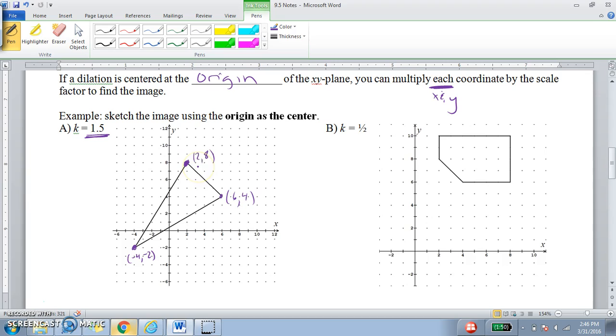If I multiply all of those numbers by 1.5, I'll get my image points. So 2 times 1.5 is 3, and 8 times 1.5 is 12. So this point is going to go to (3, 12). 6 times 1.5 is 9, and 4 times 1.5 is 6. So this is going to turn into (9, 6).